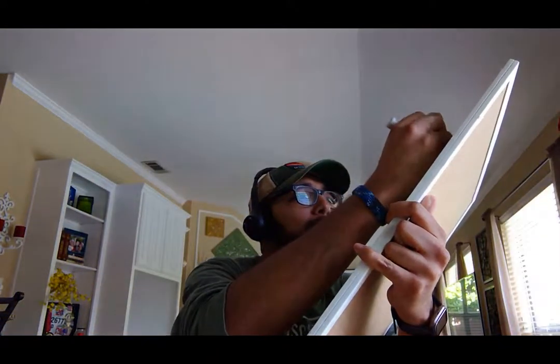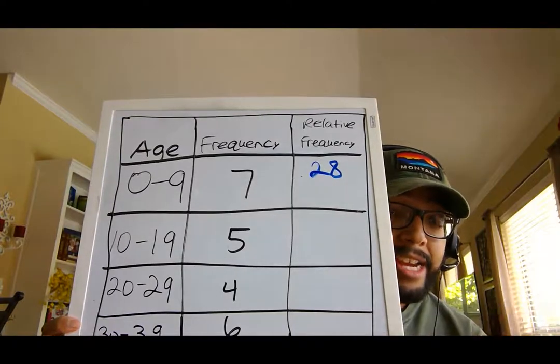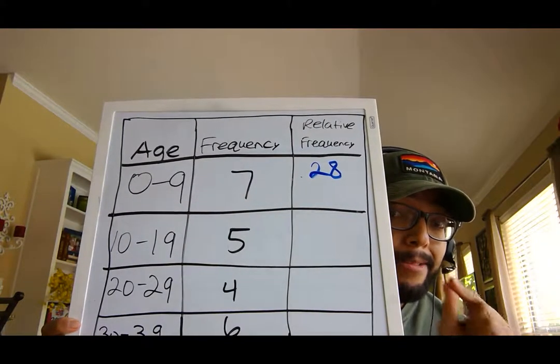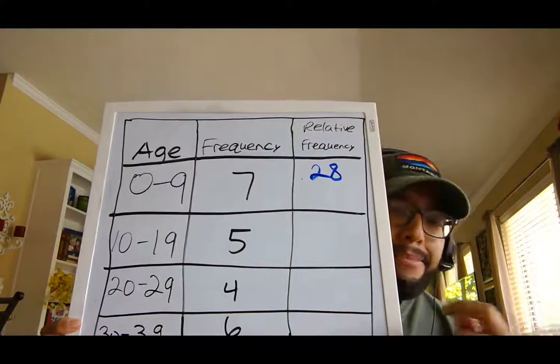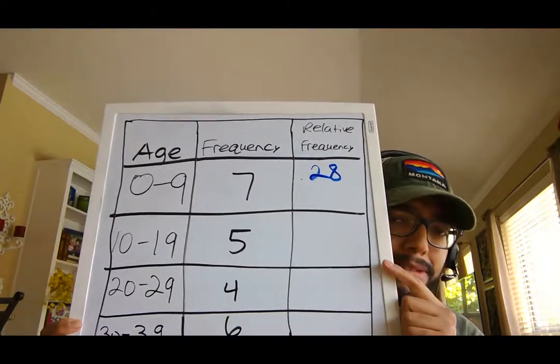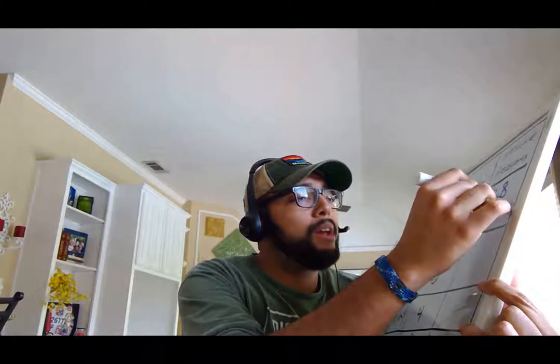My grandpappy taught me that growing up. Now, I can keep it as a decimal. It really all depends. In this case, I may want to see a percentage. So let's change that 0.28 and say 28%.